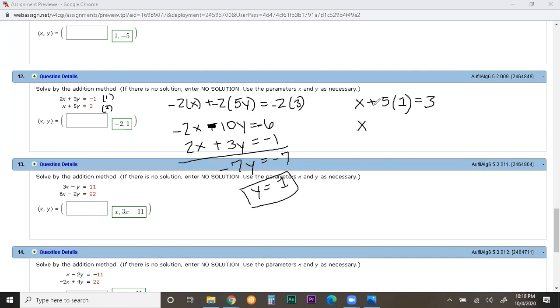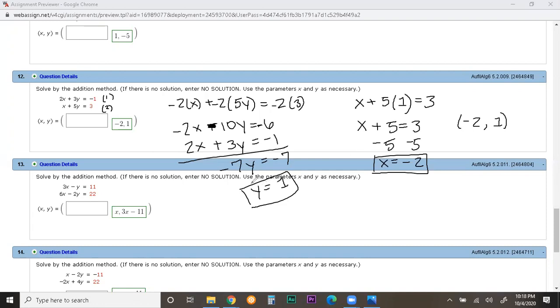So it will be x plus 5 equals 3. Subtract 5 on both sides. X equals negative 2. Okay? So once again, we got that definite x and y. So our solution is negative 2, 1.